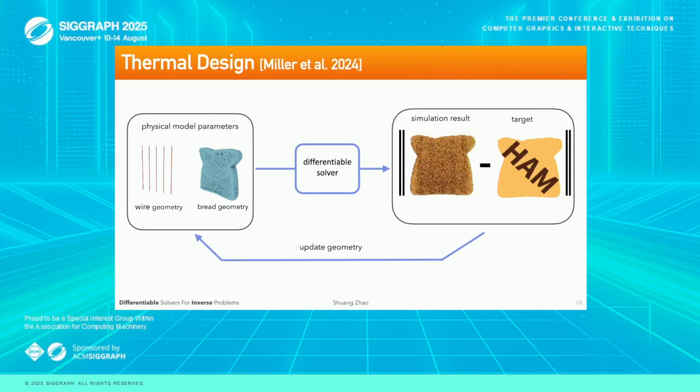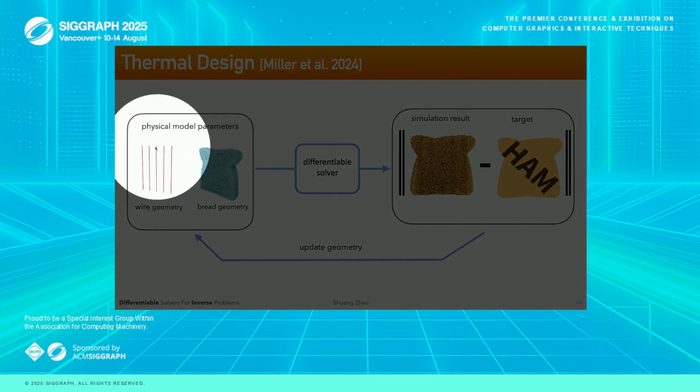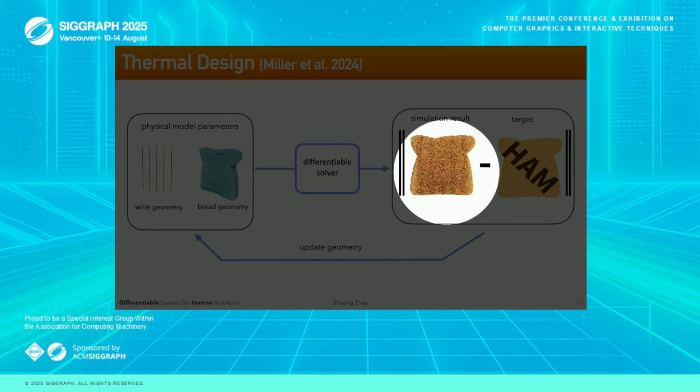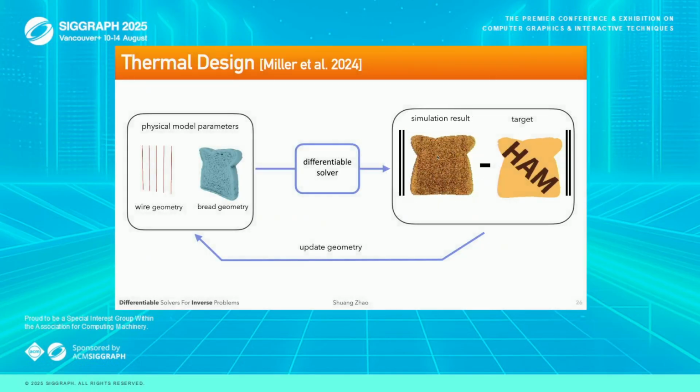And finally, this is a thermal design example from the work by Bailey and others. So in this case, what's being optimized is the wire geometry of basically a heating element over here. And we want the toast to have this certain ham text on it.